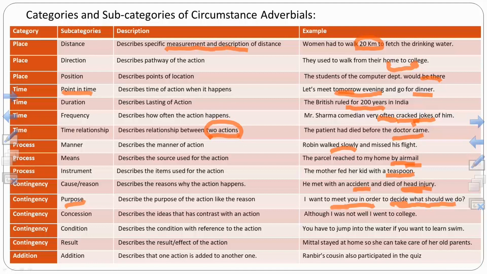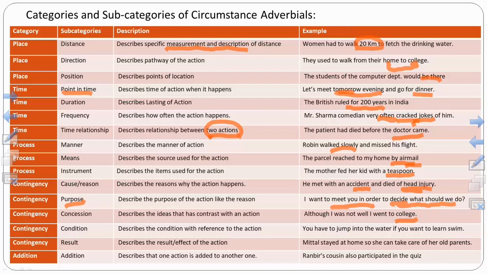Now the third category in contingency is concession. Concession describes the idea that has contrast with an action. So, although I was not well, I went to college. It means there are two contradictory situations: the person was not actually well, but still he went to college. Why?